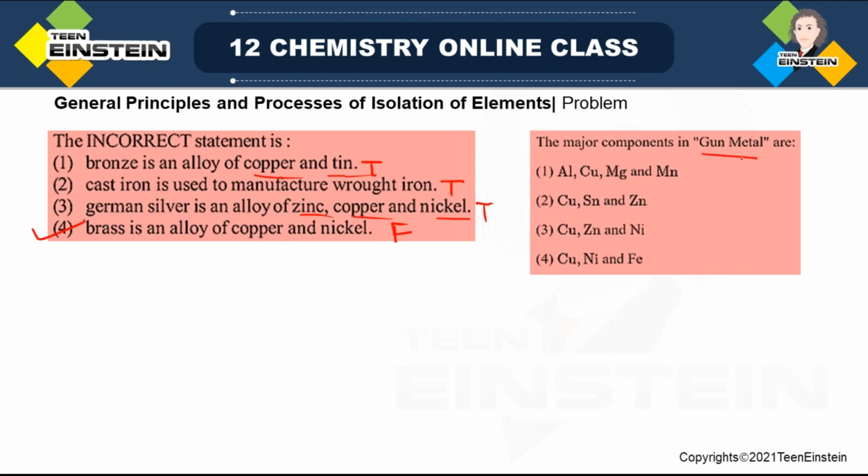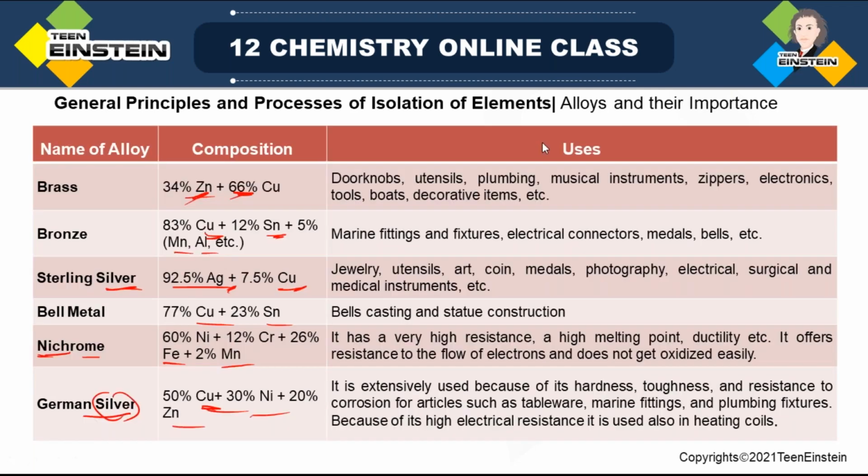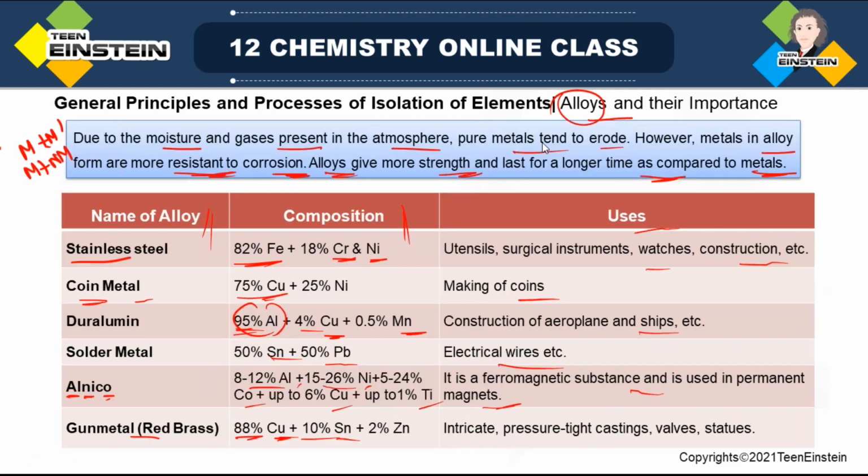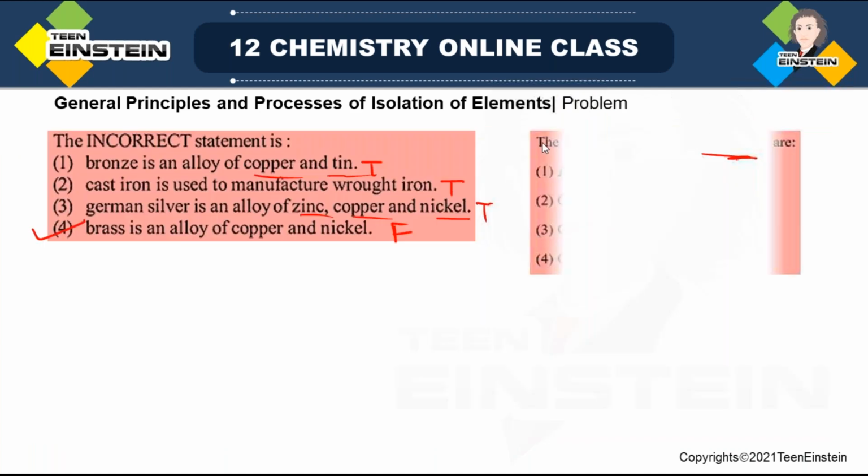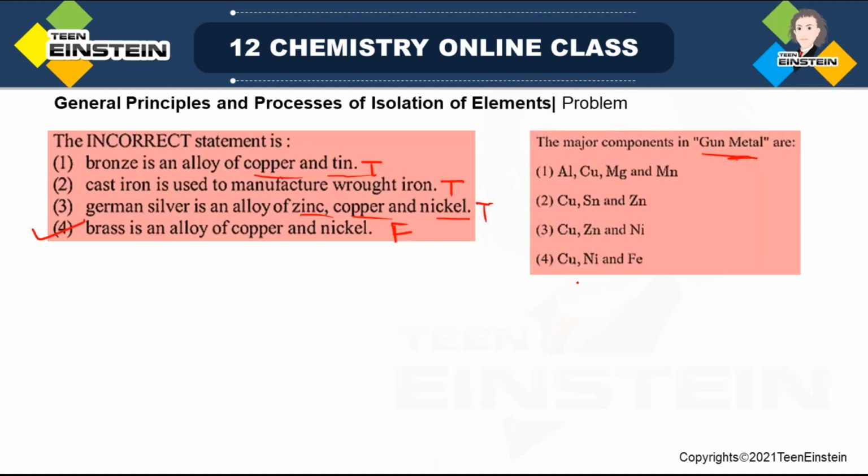Major component in gunmetal. Now just have a look at the previous tables. Gunmetal, in the last row, red brass, it has another name, copper, tin and Zn. Now copper, tin and Zn is mentioned in option 2 only.